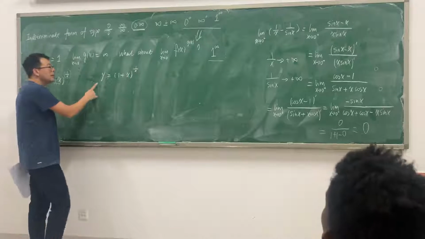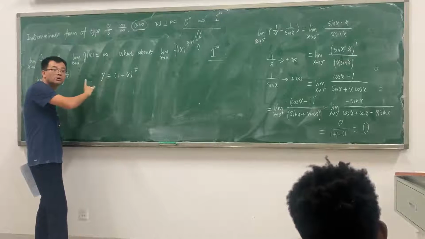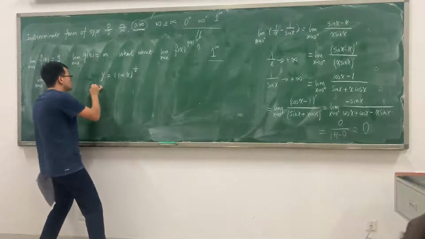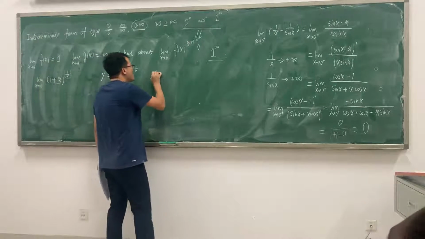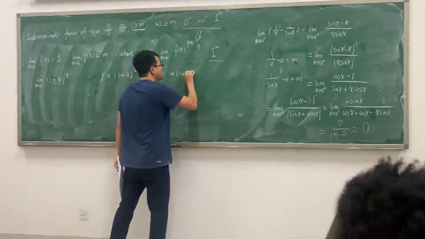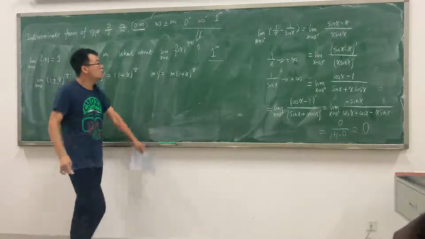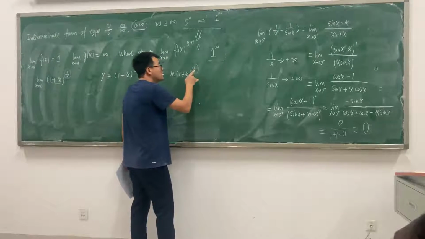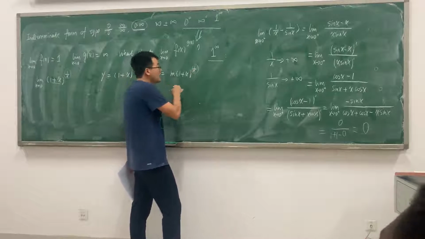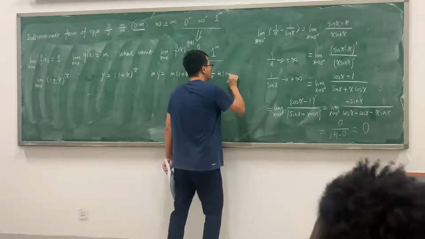So here we take ln on both sides. We have ln y equal to ln of (1 plus x) to the power 1 by x. Now this 1 by x we can take out front, so equal to 1 by x times ln(1 plus x).